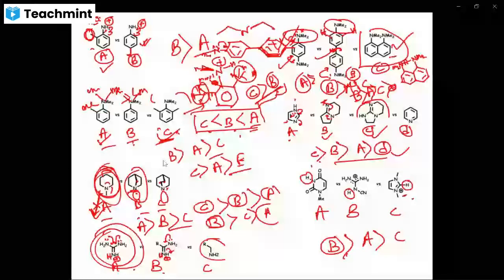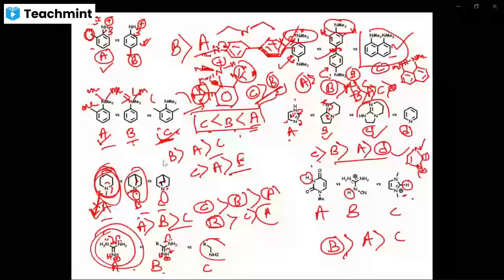It will form a carbene here, but that is neutral. You understand?